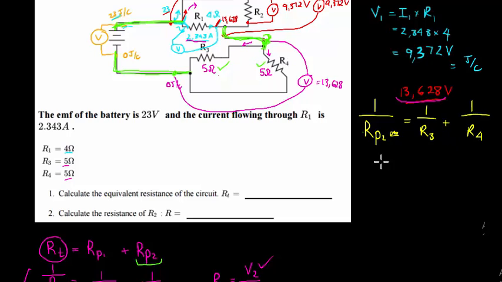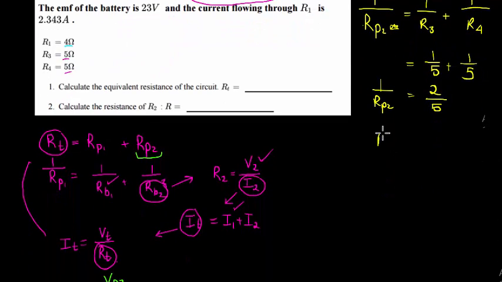Both of them is 1 over 5 plus 1 over 5, which means 1 over RP2 is equal to 2 over 5, and then RP2 is therefore, now I flip them around, 5 over 2. So let's actually write it as 2.5 ohm.